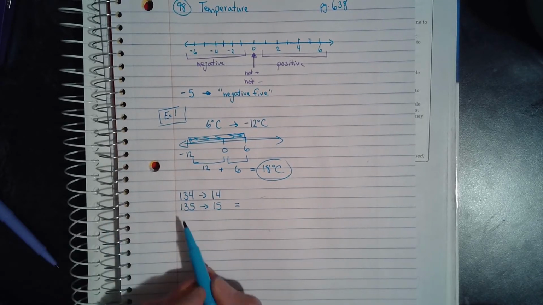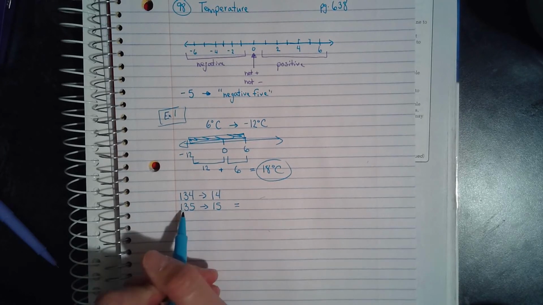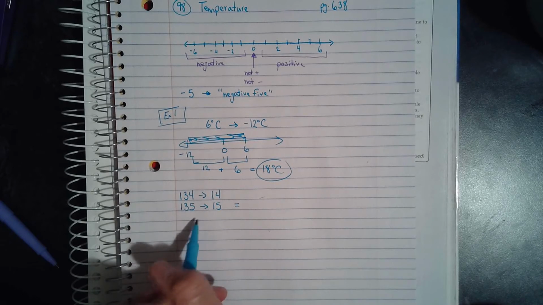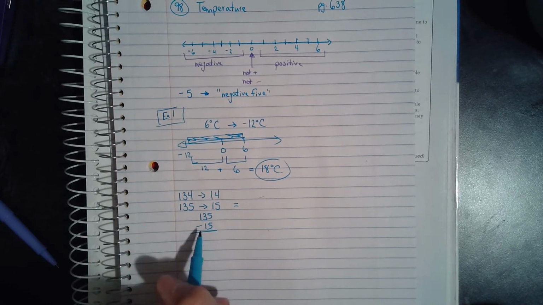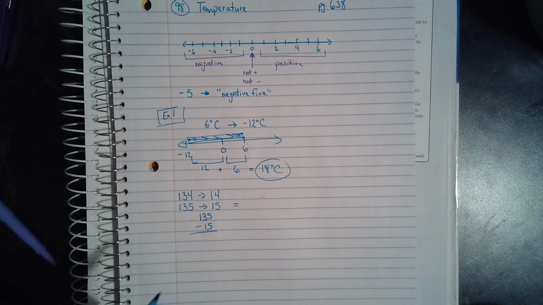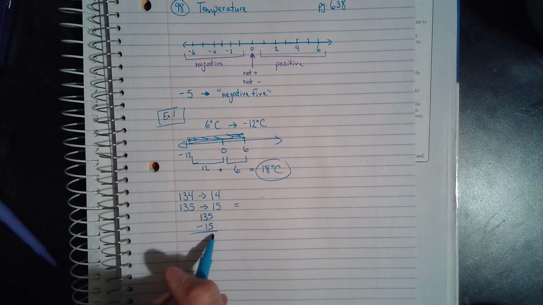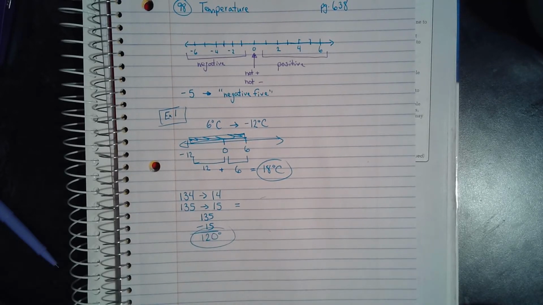Because that way, to find the difference between the two, here they're both positive numbers, so you can just subtract and do 135 minus 15. By rounding the numbers, it makes it a little easier to work with, because I'm working with 5s here. And so it's a 120 degree difference, the range of temperatures in Death Valley.